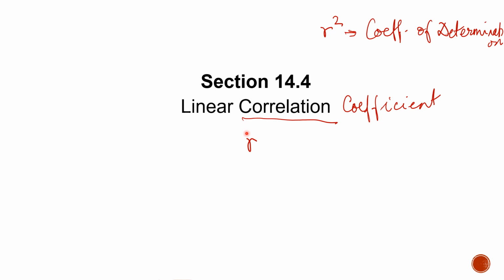Now, we will also realize that this linear correlation coefficient ties up with the slope of our regression equation in some ways. So let's go into the details of these in the next few slides, and then we will work on calculating the R value, the correlation coefficient, on that Orion car model example.